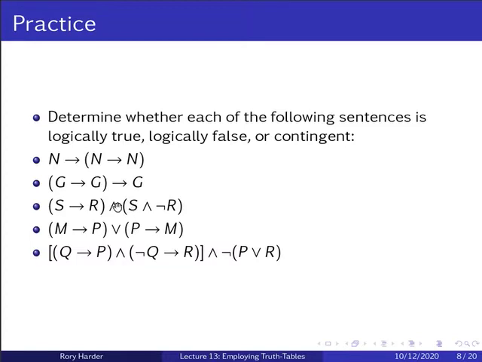In the third sentence, we have a conjunction with the first conjunct being the conditional if S then R, and the second conjunct being a conjunction itself, S and not R. So let's switch to the other screen so that I can build a truth table.